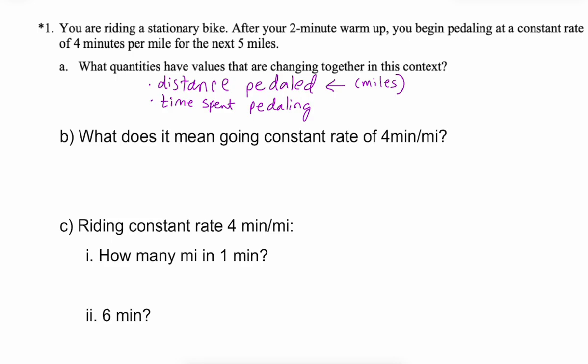So part B says, what does it mean going at a constant rate of 4 minutes per mile? We don't usually say it quite like that, but we're going 4 minutes per mile.